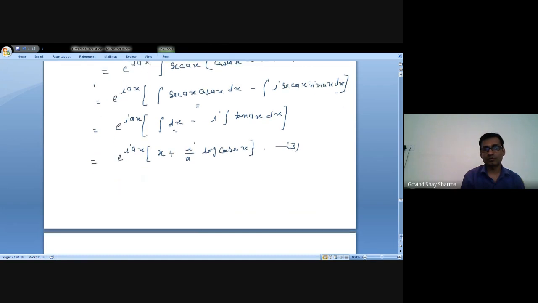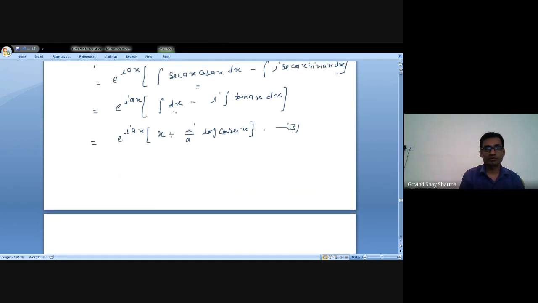Now we put the value of I1 and I2 from equations 2 and 3.